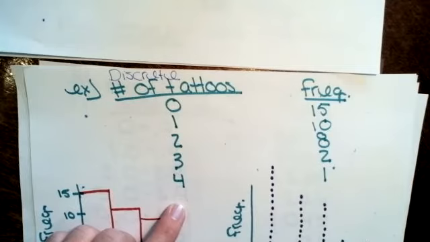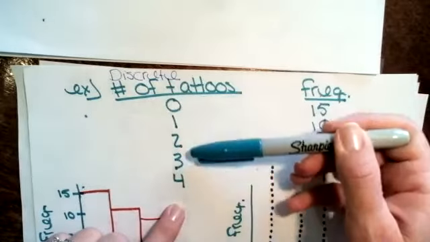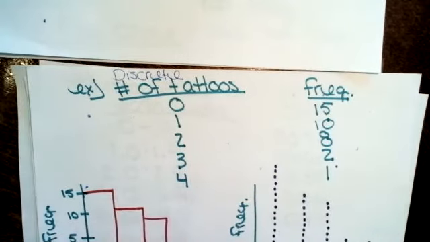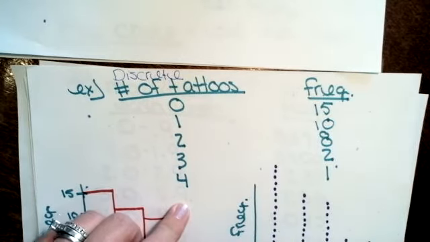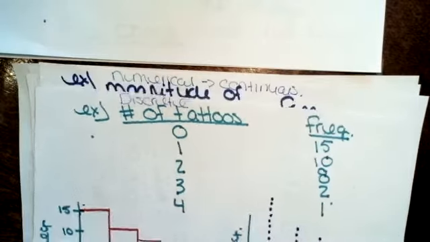The rest of the class is answering basically between 0 and 4 tattoos, and then I have one person that has a lot more than the other people. So it's unusual for the group of people that I surveyed. That's what I'm talking about when we're talking about unusual values.